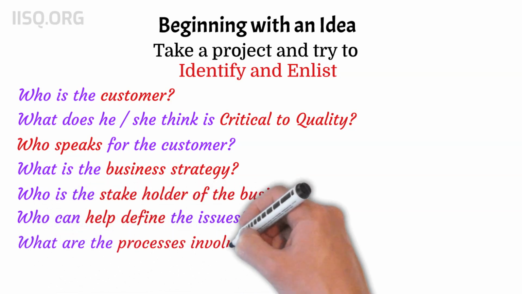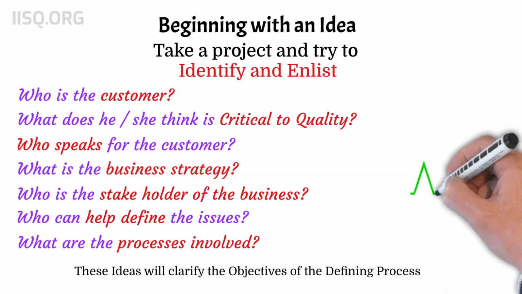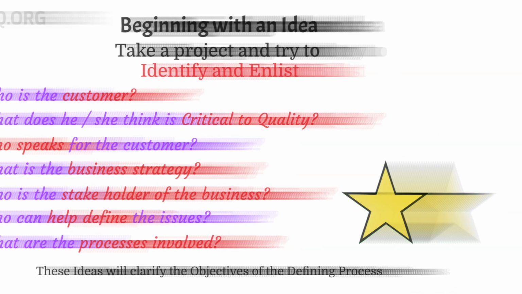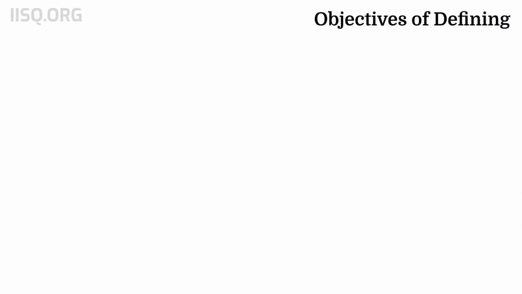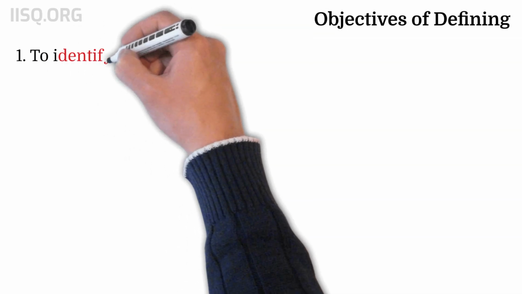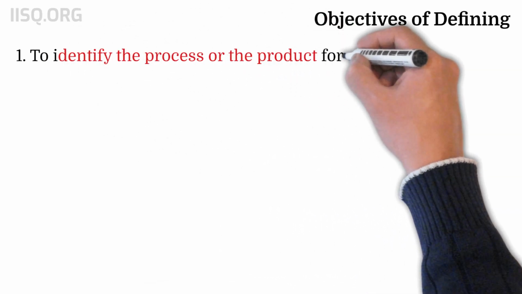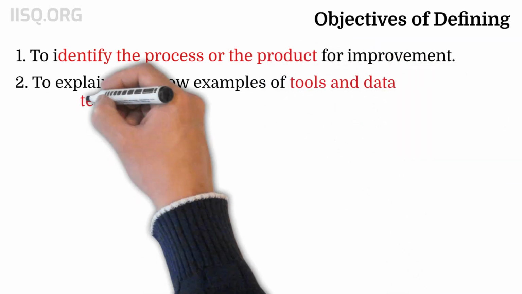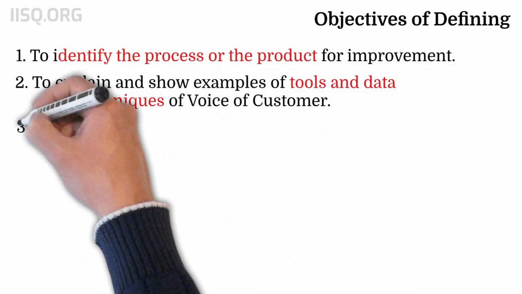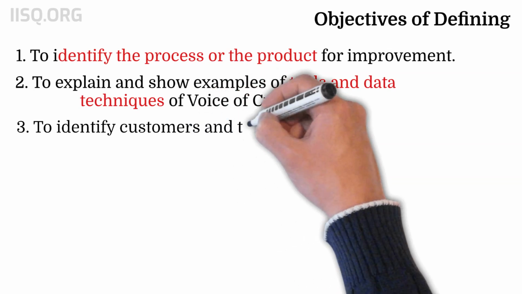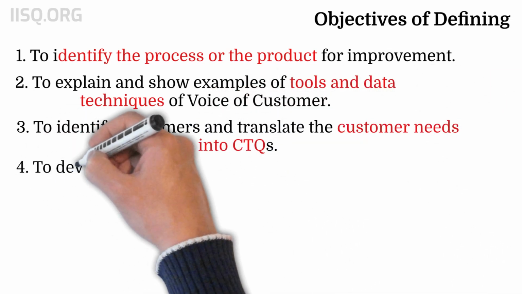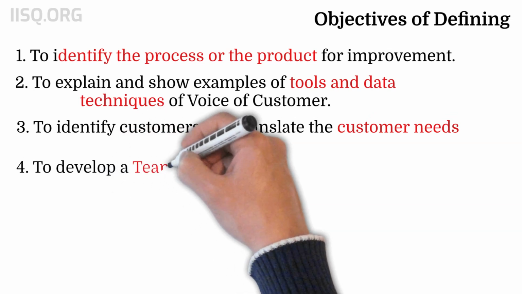Once we begin with the ideas, let us understand the objectives of the defining process. In the define phase, the objective is to identify the process or the product for improvement, to explain and show examples of tools and data techniques of voice of customer, to identify customers and translate the customer needs into CTQs, to develop a team charter.